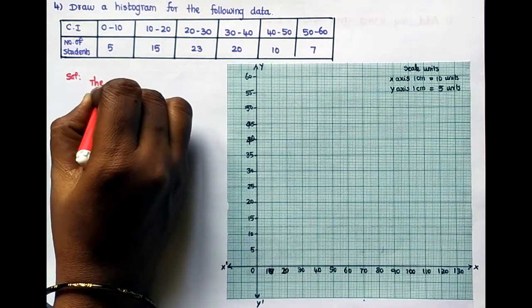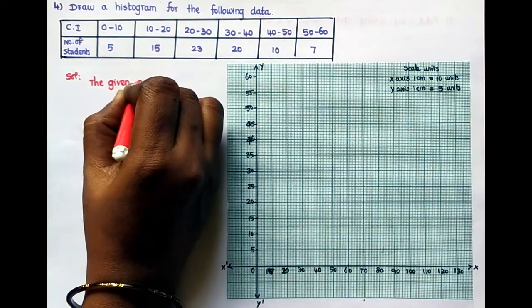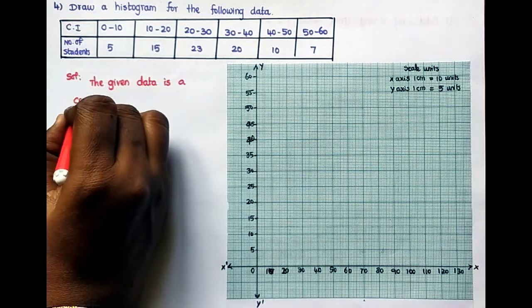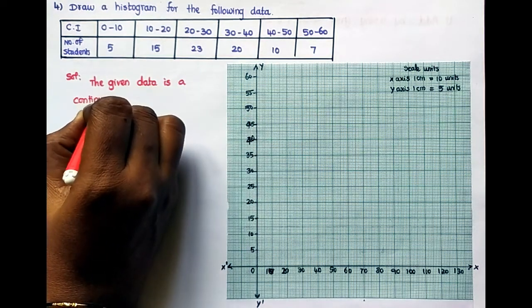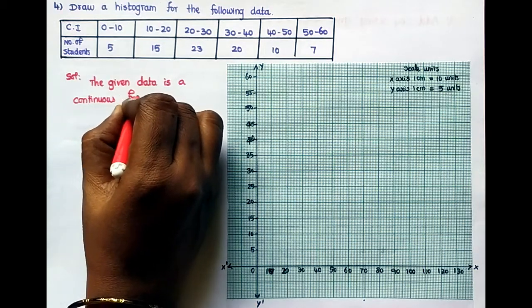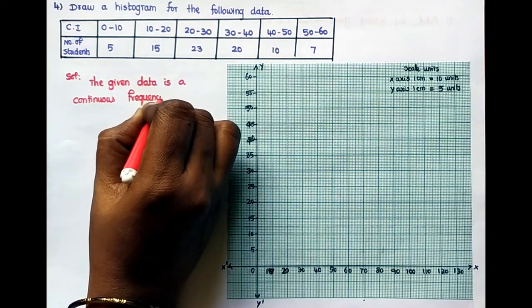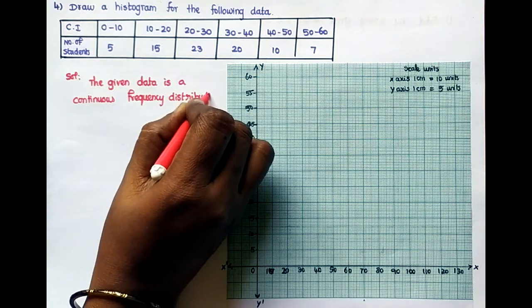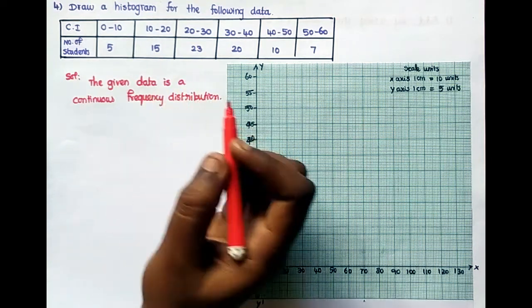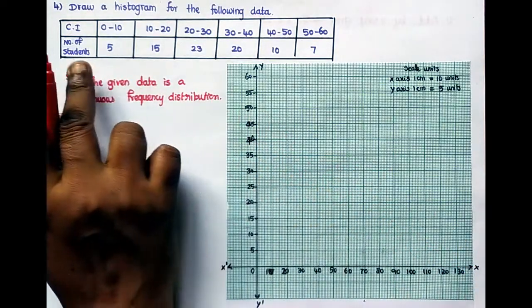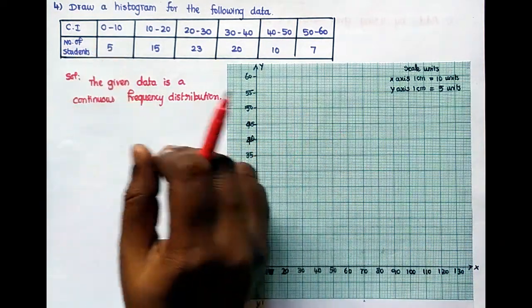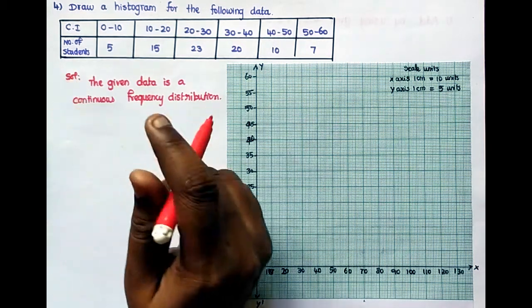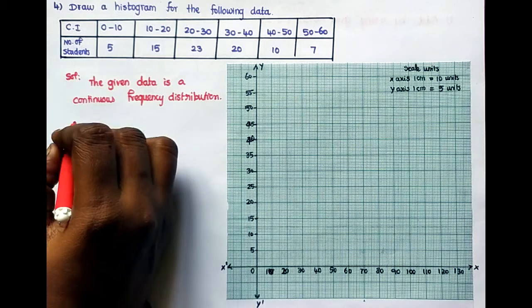So, the given data is, write down, the given data is a continuous frequency distribution. We can take the class interval on the x-axis and the number of students, that is the respective frequency, on the y-axis.